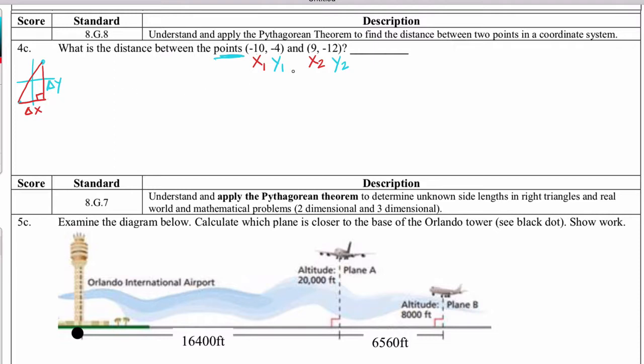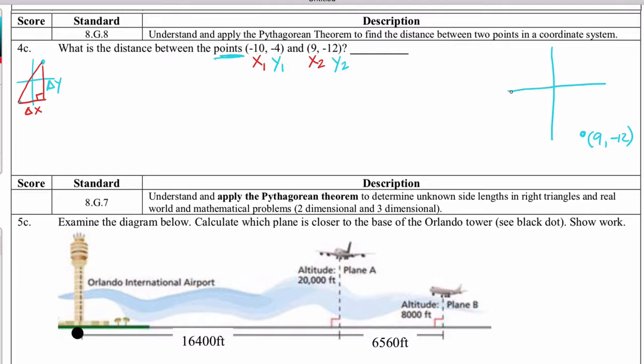In order to do that, let's literally find how far apart y1 and y2 are. The example I did over here does not match what I actually have for these 2 points, it was just an example of what it might look like. Actually, some of you do find it helpful if you do a little sketch really quick. So positive 9, negative 12, and then negative 10, negative 4.